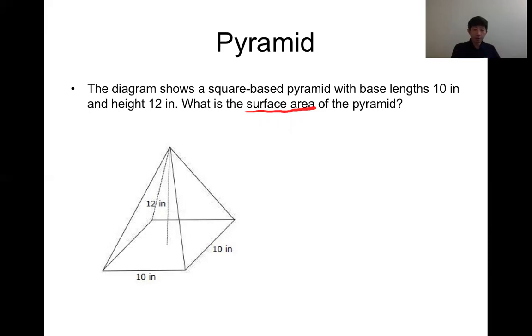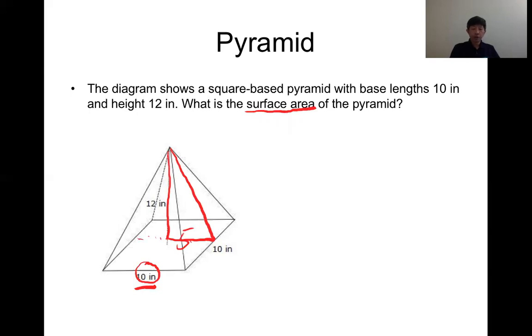Since this is 10, if I divide it by 2, what do you see? That'll be 5, right? This is a 10, so divided by 2, 5. Another 5 here, right?